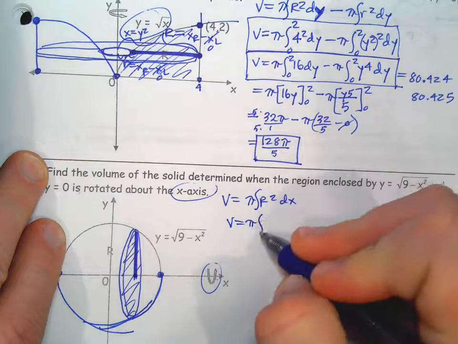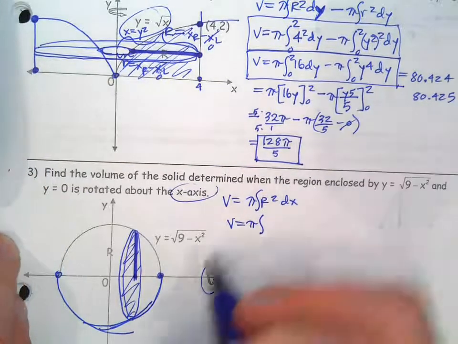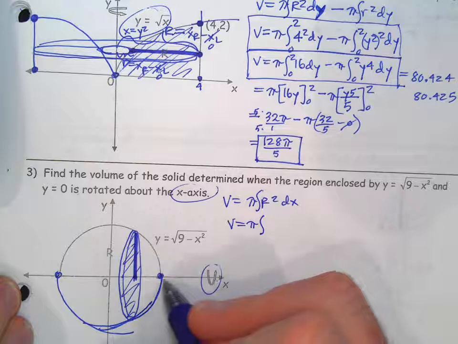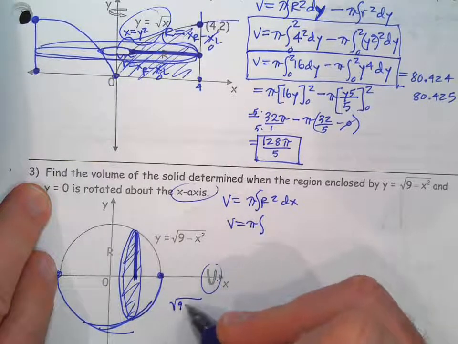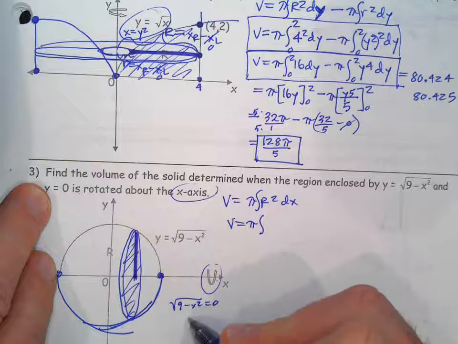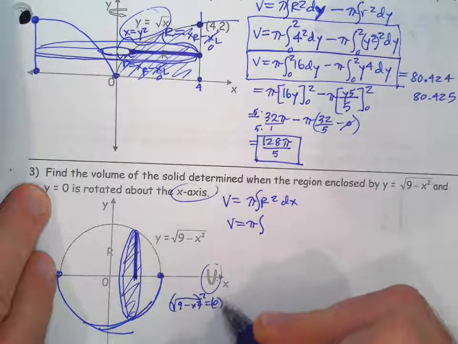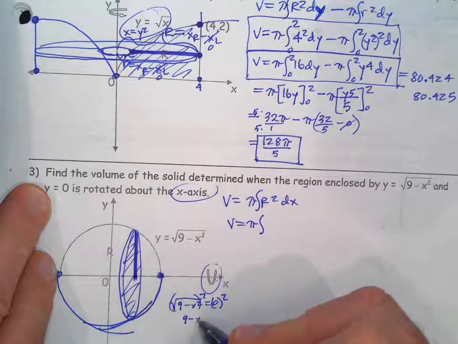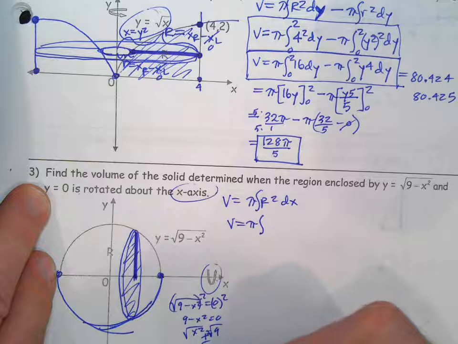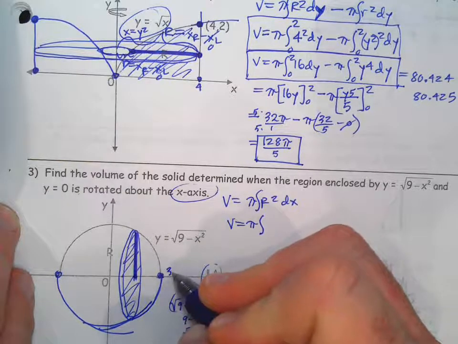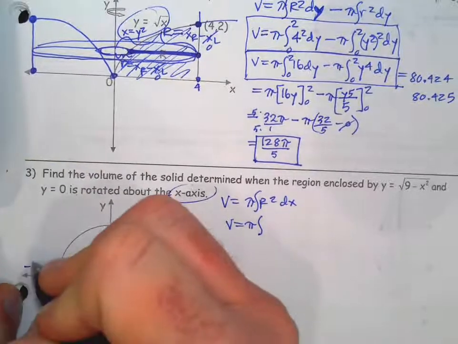So our limits in the x direction, I guess we got to figure out how far this is. We could set this equal to 0 to find the x-intercepts. Square both sides. Square root of both sides, plus or minus, which actually makes sense here.